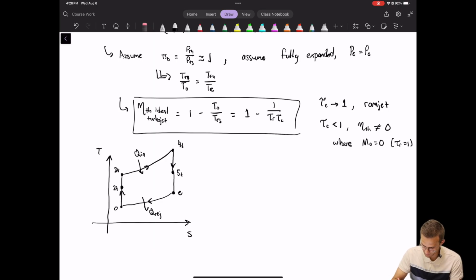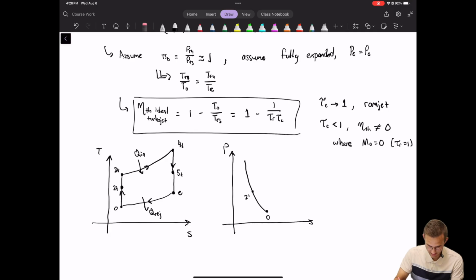Okay, and then for completeness, we'll add the PV diagram as well. So the PV diagram, you have station 0 here, goes up through station 2T to station 3T, across to station 4T, down this way through station 5 to the exit, and then flat.